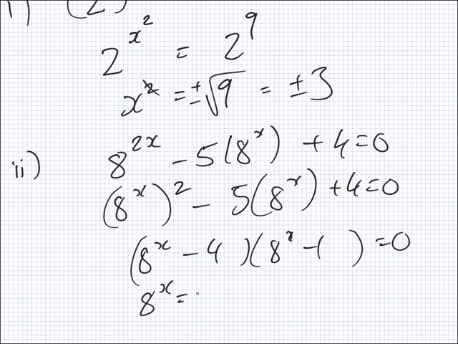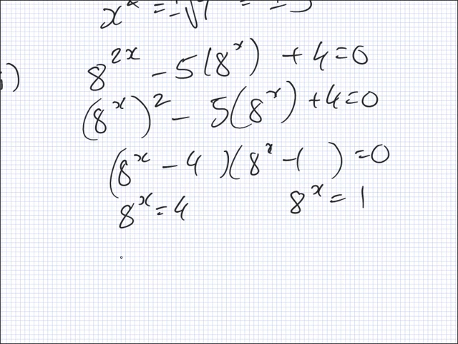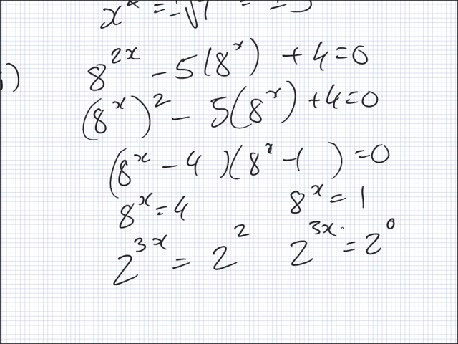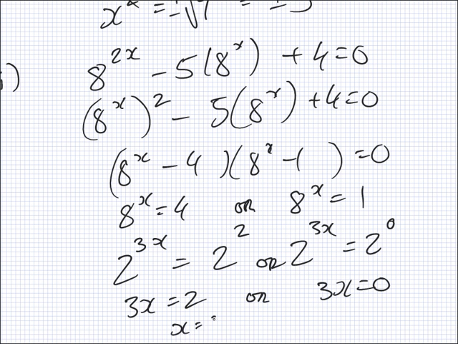So 8^x equals 4, or 8^x equals 1. That means 2^(3x) equals 2^2, and 2^(3x) equals 2^0. You could use logs if you like. So you get 3x equals 2, or 3x equals 0. So x is 2/3 or 0.